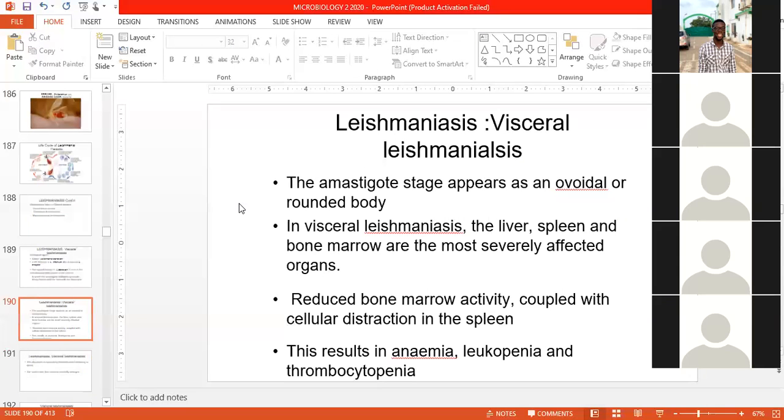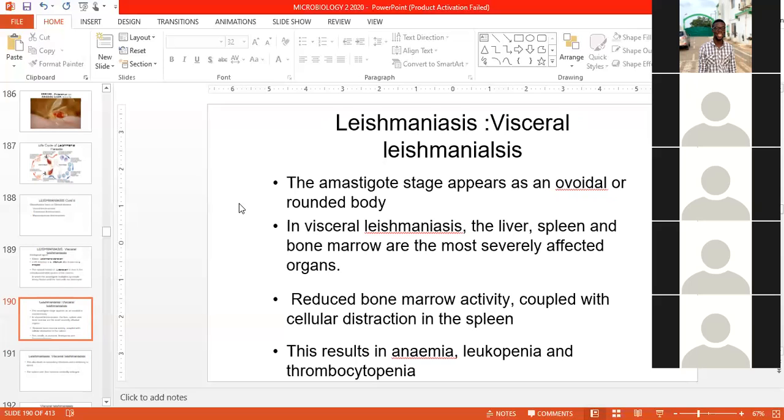Okay. So in visceral leishmaniasis too, the liver and the spleen, as well as the bone marrow, where the cells are produced, are mostly impacted. The liver and the spleen, because of the macrophages, right? So in this case, we're seeing enlargement of the liver and the spleen.